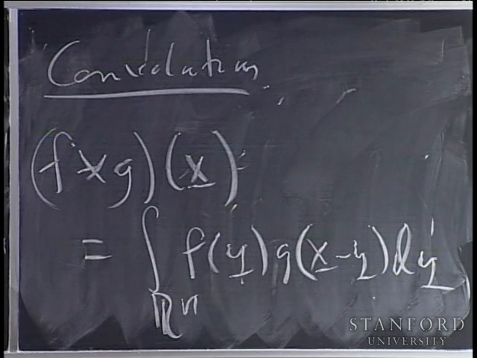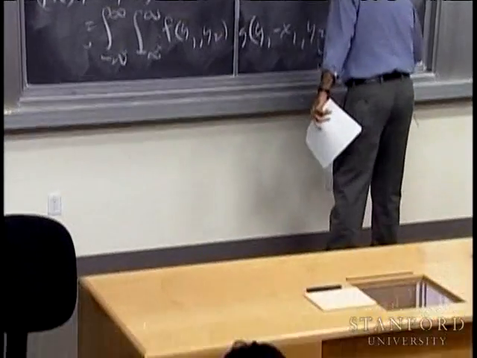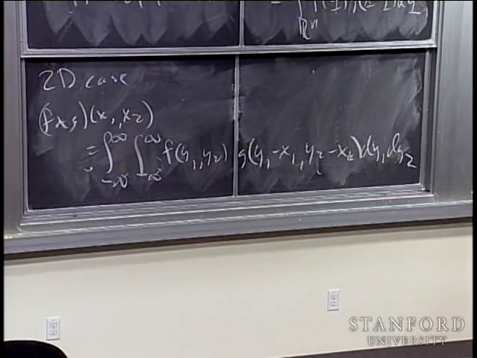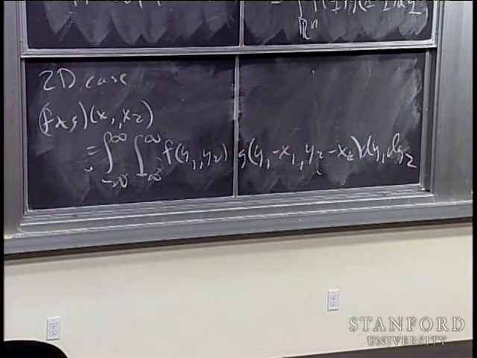You would write f convolved with g of x1, x2 is equal to the integral from minus infinity to infinity, the integral from minus infinity to infinity of f of y1, y2 times g of x1 minus y1, comma x2 minus y2, dy1 dy2. That's what you would write out in the two-dimensional case. You certainly wouldn't write out the three-dimensional case, right? You wouldn't want to do that. Nobody would. It's so many variables, so much space, so much pencil lead.